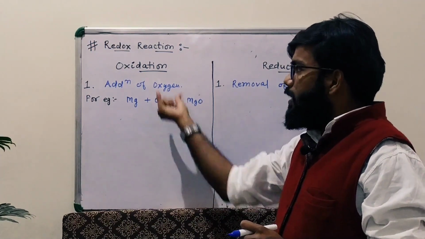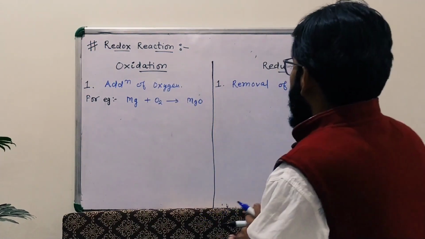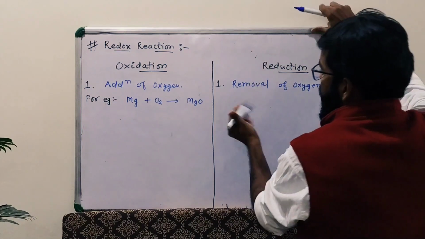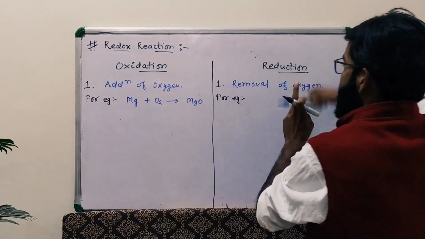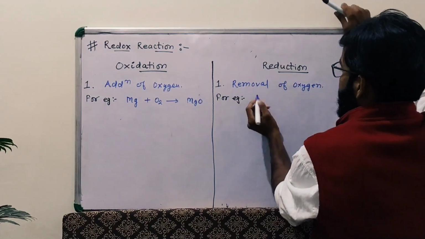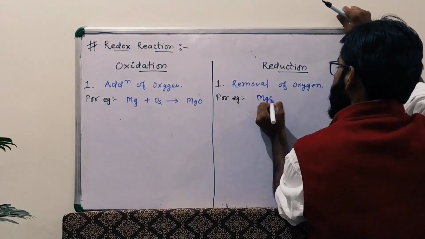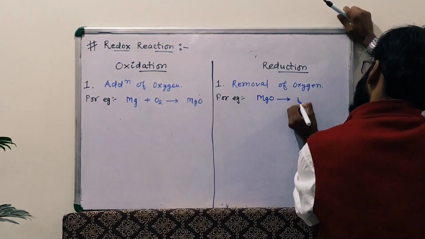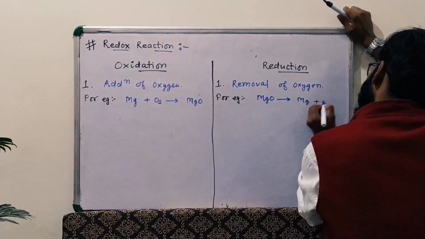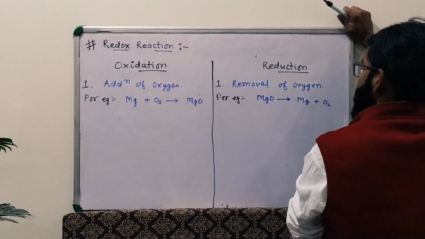That's why this is an oxidation. For reduction, you can take the same example: magnesium oxide decomposes to form magnesium plus oxygen.